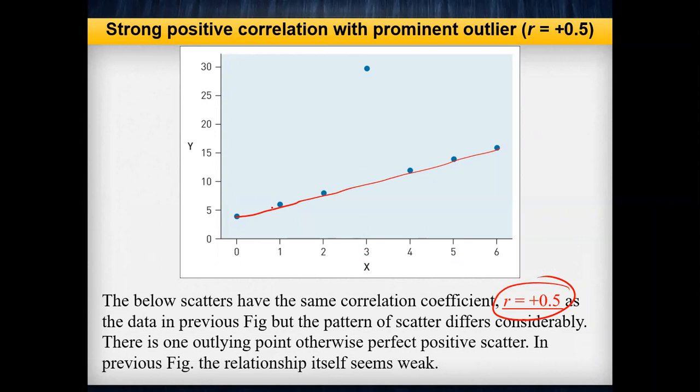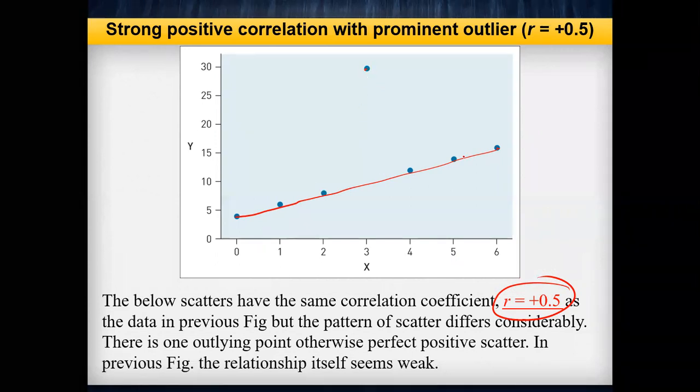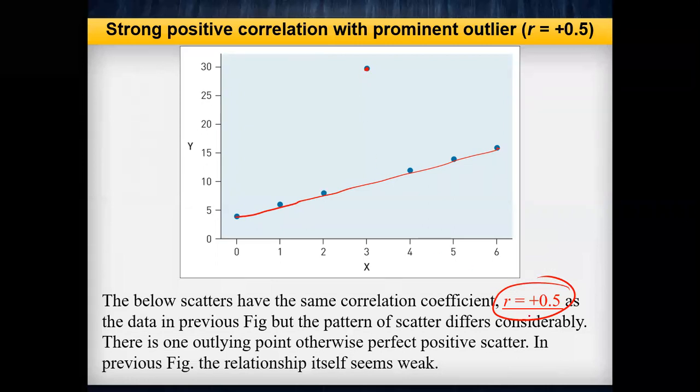Because of the contribution. There are a total of 7 points, and out of these 7 points, 1 point is too far away from the rest of the 6. The contribution of this 1 point is very high, so it makes your Pearson correlation coefficient fall in the weak category.